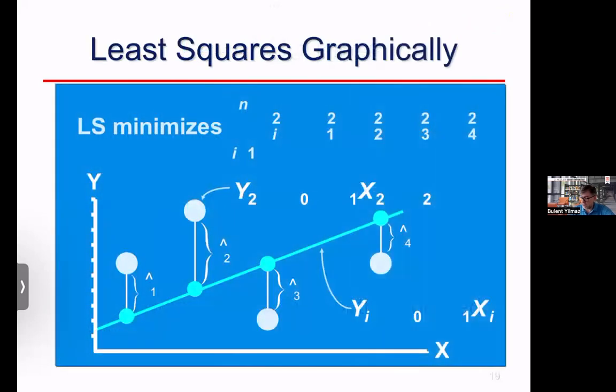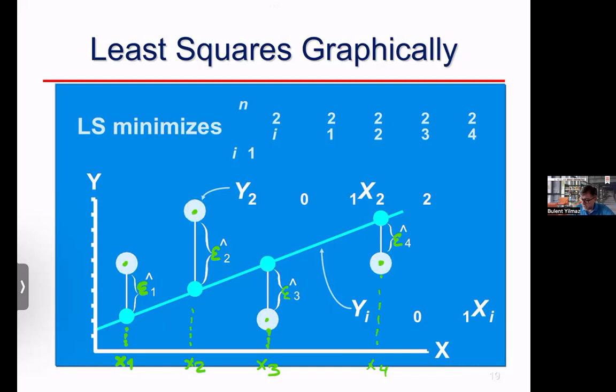Evet, peki. So what is the error here? For example, this is error 1, this is error 2, this is error 3, error 4, but these are predicted errors, right? Predicted errors. So this will be my actual point, actual data. So this is x1, this is x2, this is x3, this is x4, right?